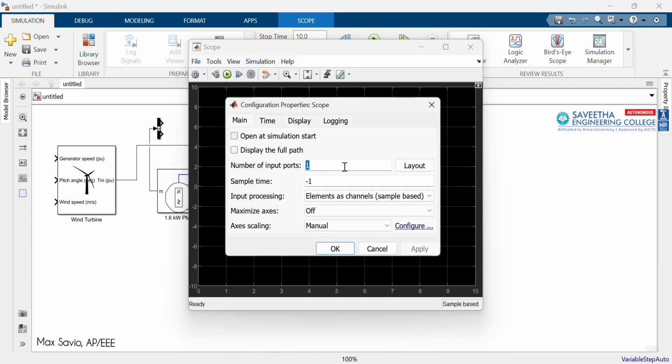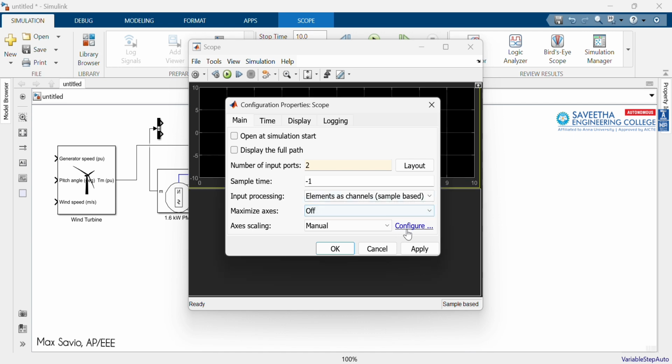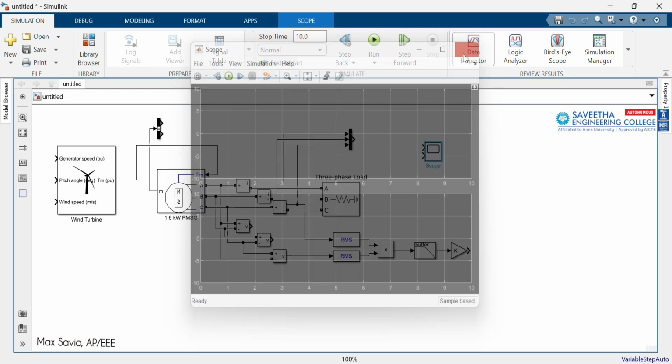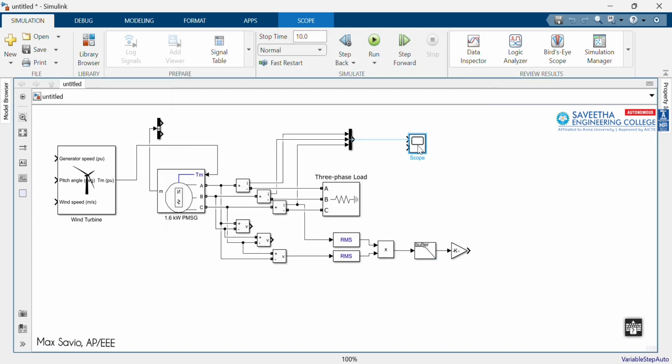So remember, if you are changing the input port here, you must make the layout change also, so that only then will the two ports be displayed. Okay, hope you remember that. So now I have two things here. One I give to the current, the other one is for the voltage.